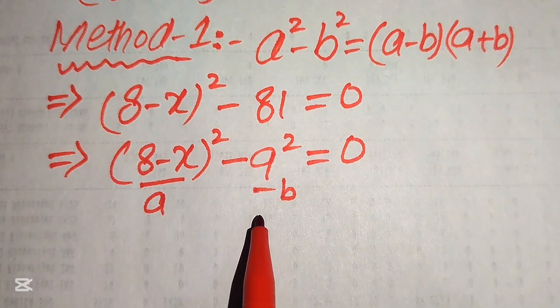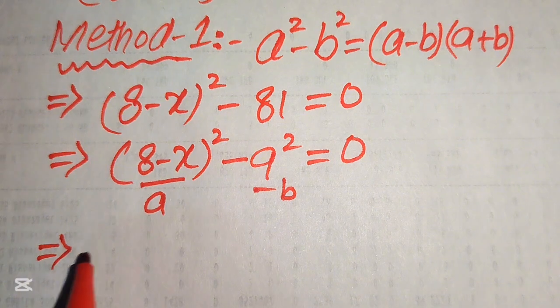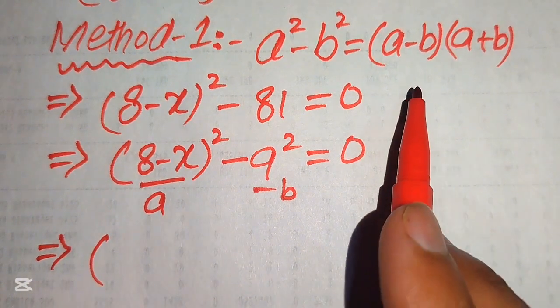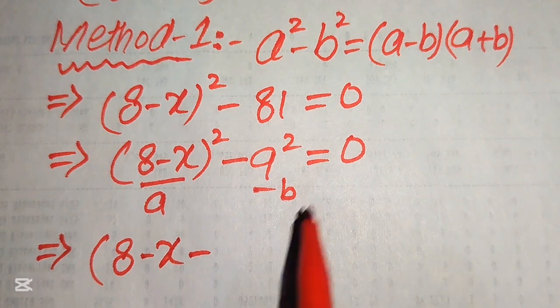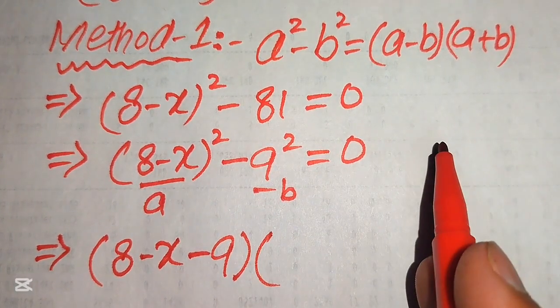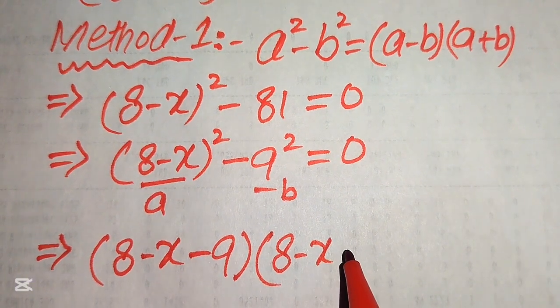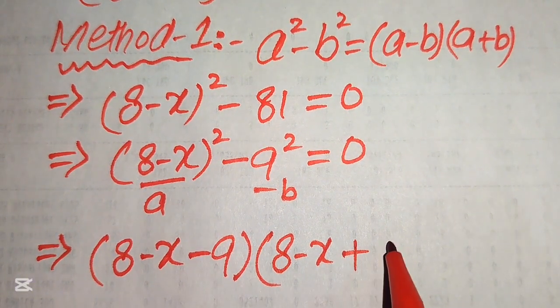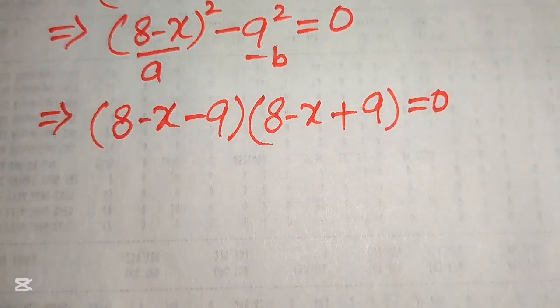According to these values of a and b, we apply this formula: first a − b, where a is 8 − x and b is 9, times a + b, where a is 8 − x and b is 9, and this whole equation equals 0.